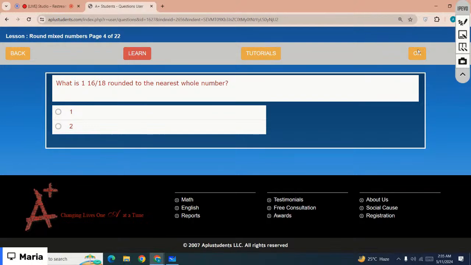Okay, 1 whole 16 over 18. So which is the correct option?